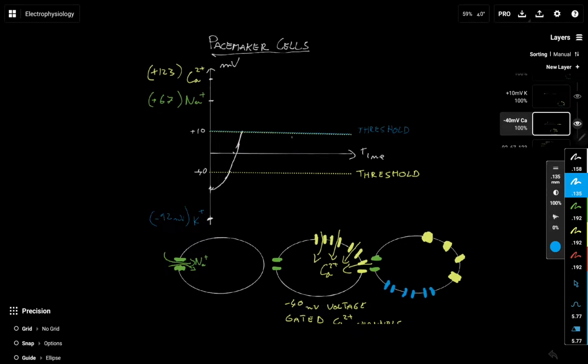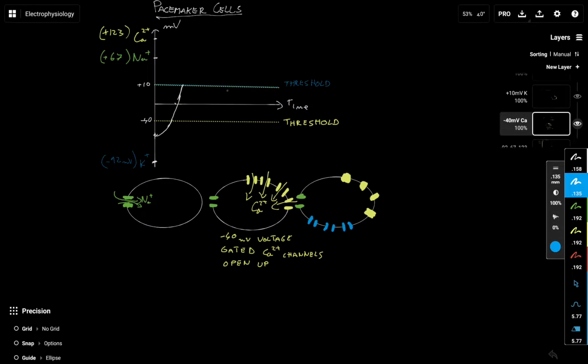Here, two things will happen at plus 10 millivolts.